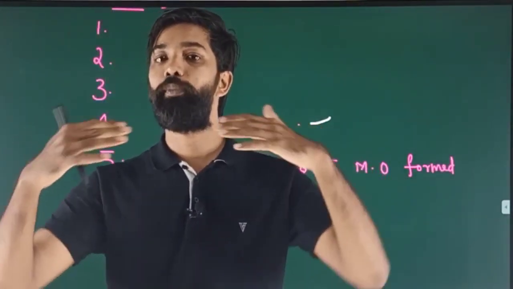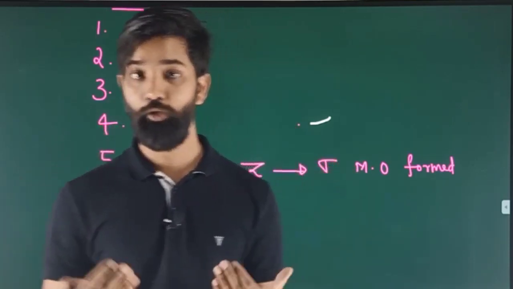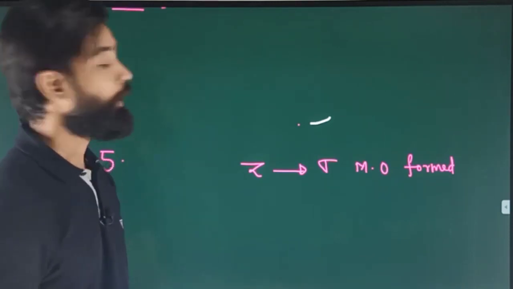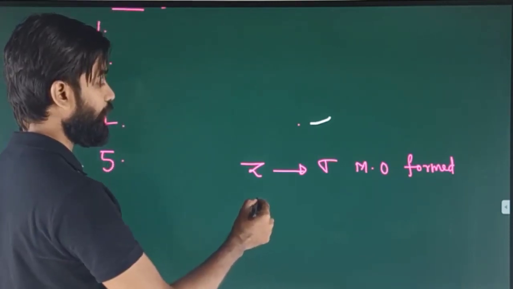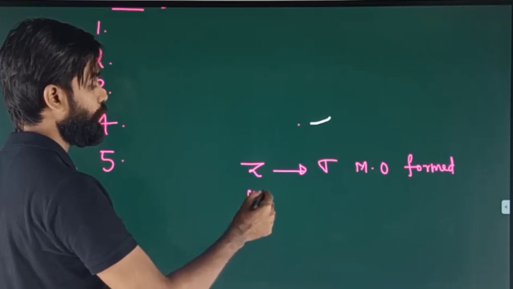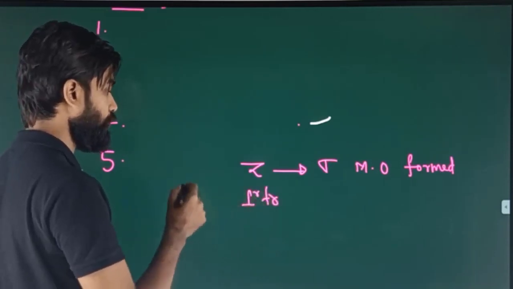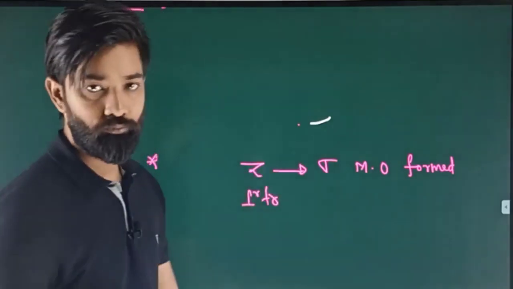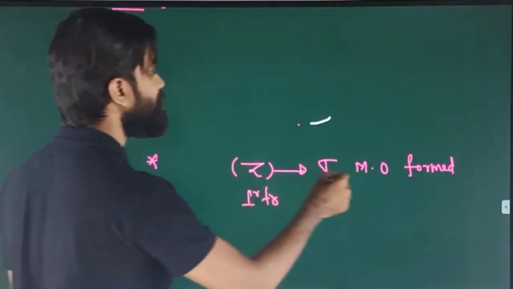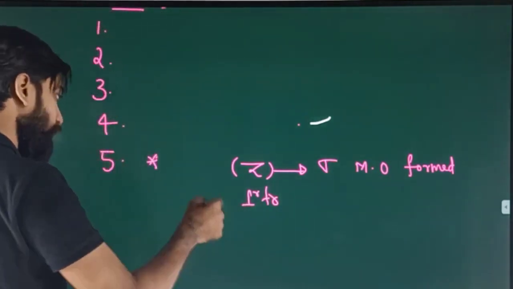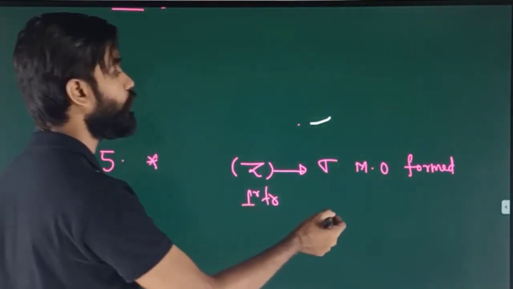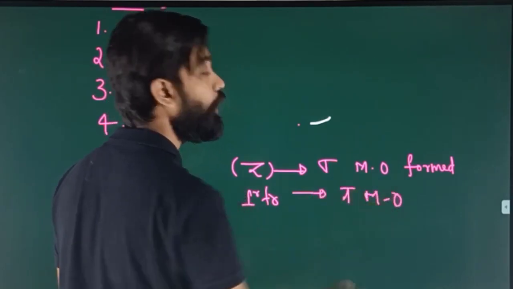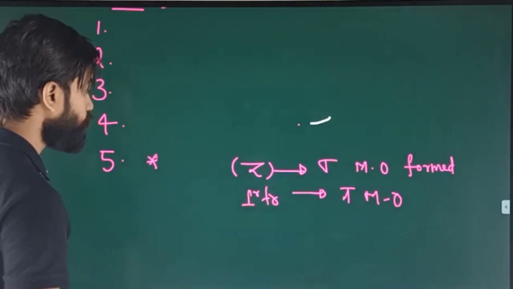If the overlapping of orbitals is along the internuclear axis, which means along the Z axis, then sigma molecular orbitals form. If the overlapping of orbitals is perpendicular to the internuclear axis, then pi molecular orbitals form. Fine, so these are the main postulates.